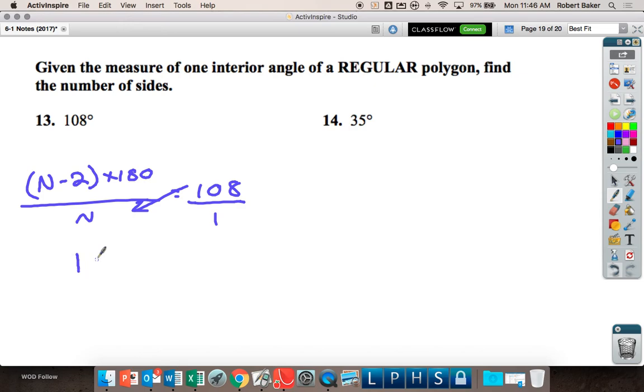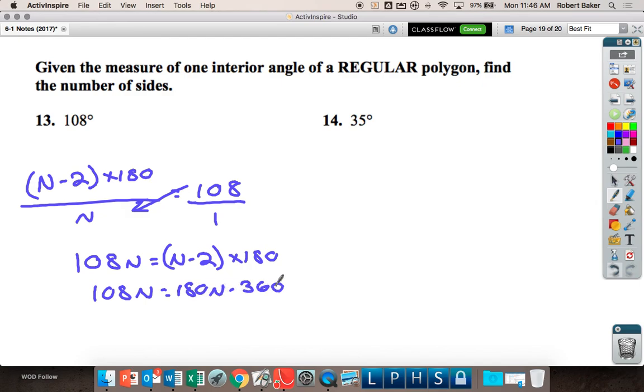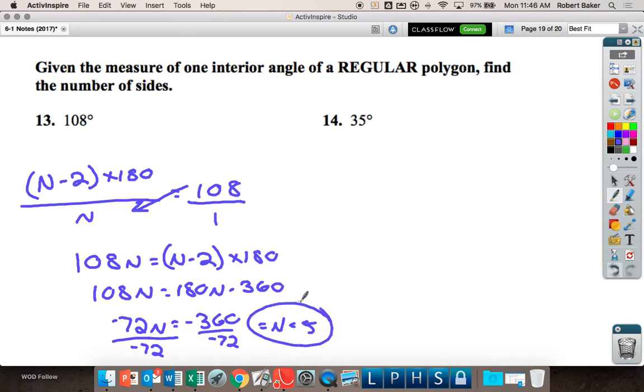Cross multiply. This is the formula that they gave you. Distribute. Subtract 180 from both sides. Divide both sides by negative 72. You got to 5. That's disgusting, isn't it?